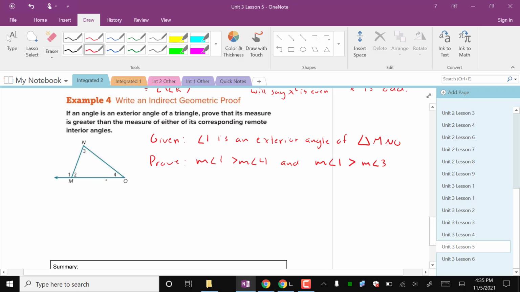So we want to assume, again, we're going to assume the opposite, that the measure of angle 1 is less than or equal to the measure of angle 4, or that the measure of angle 1 is less than or equal to the measure of angle 3.